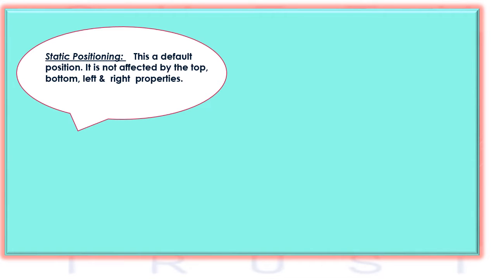This is called the default position. Static positioning means the default position of the element. The element is not affected by the top, bottom, left and right properties. So there is no need to give any top, bottom, left, right properties. By default the element will be positioned.